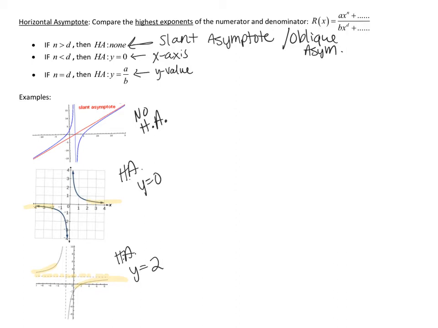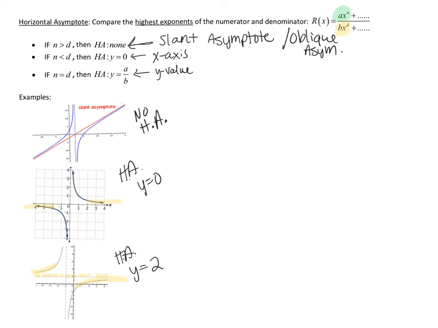So since the polynomial functions that are part of this rational function can be described by the leading coefficient, so can the rational function. The rational function can be described, when we're looking at the horizontal asymptote, by its leading coefficient. Remember that leading coefficient test: we looked at the numerator's highest exponent, and then we looked at the denominator's highest exponent.